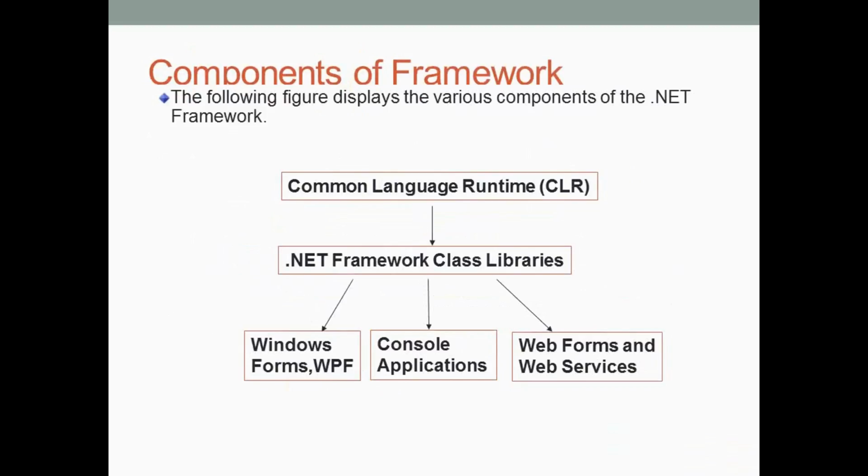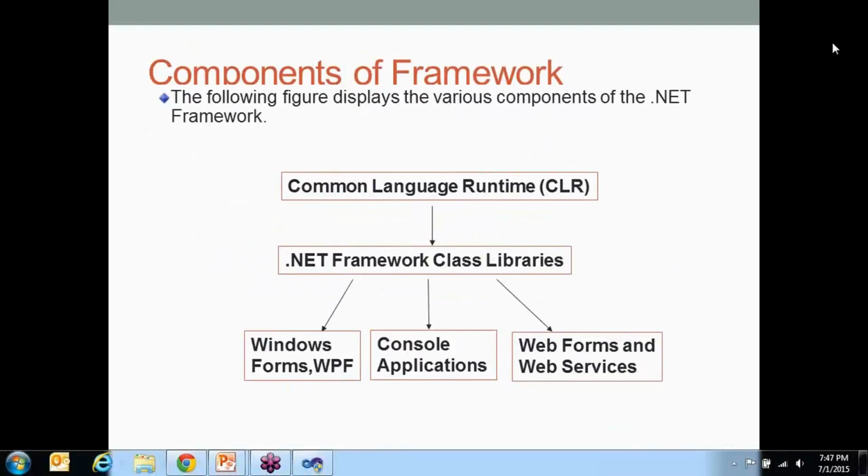And now let us understand the .NET Framework Class Library, which is known as FCL. The .NET Framework Class Library consists of namespaces, methods, interfaces, and enumerations which are reusable, like the code which is required again and again, and that is kept inside the .NET Framework Class Library.